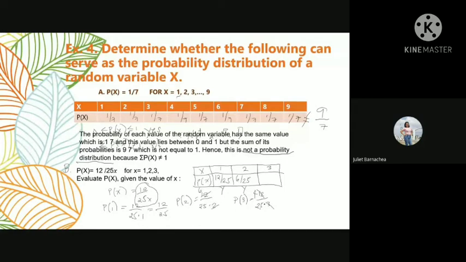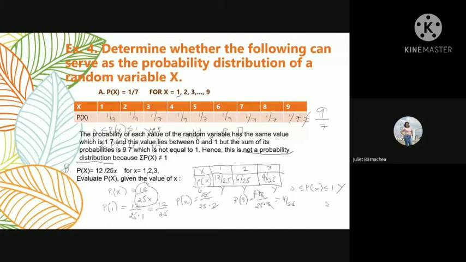So 4 divided by 25 is 4 over 25. And yes, it is still below 1 but greater than 0. Sa first condition, yes siya. The probability of x is less than 1 but greater than 0, yes sa dyan.